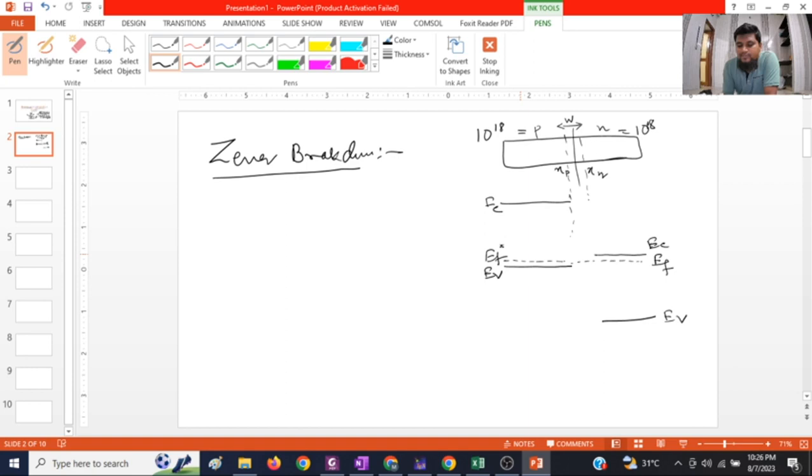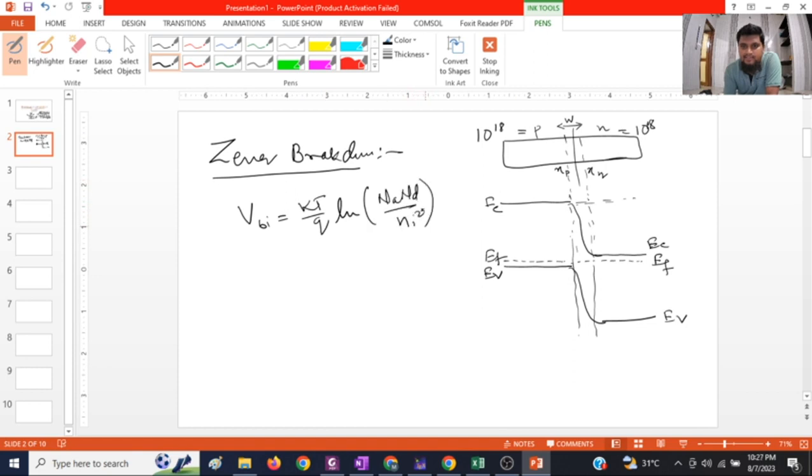So this will be the energy band diagram in equilibrium, and it should maintain this width W. Because of very high doping, the built-in potential is equal to kT upon q ln of NA ND upon ni square. That will be at its max, so VBI can have a maximum value around Eg.